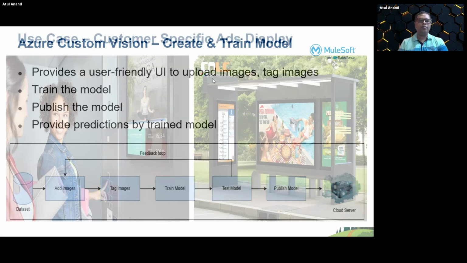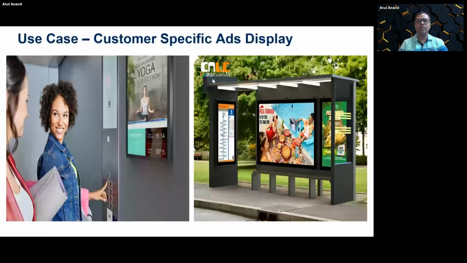The use case is customer specific ad display. Most of you might have seen ad display screens, right? In my society, in the lift area, there is an ad display screen. Or if someone has traveled outside India, you might have seen screens in the bus stops which display images and videos of offers.